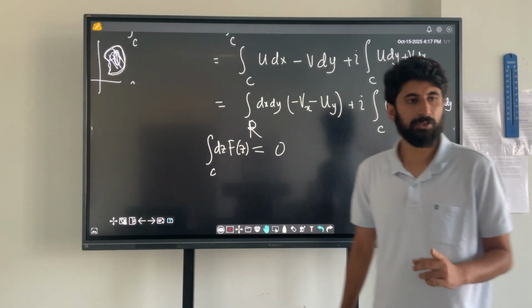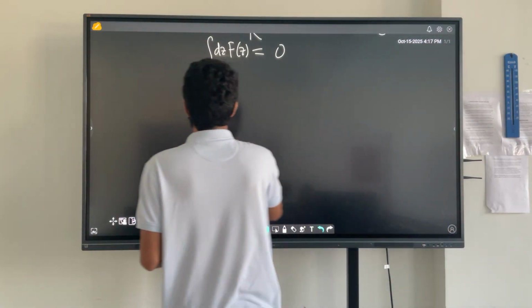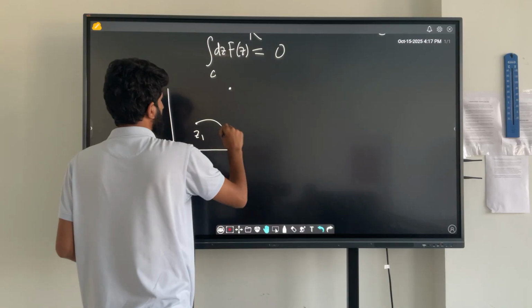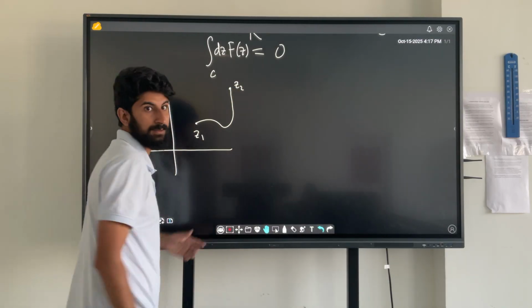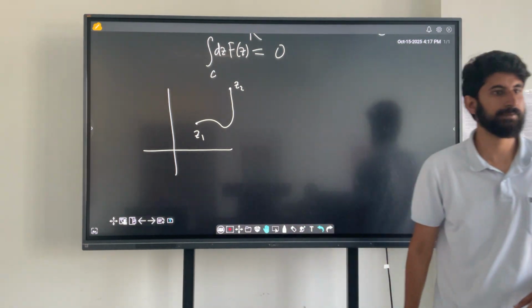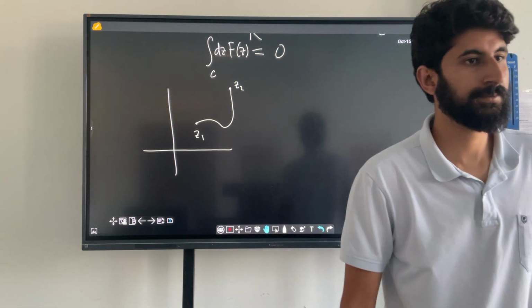So coming back, my integral from z1 to z2 is basically path independent. It doesn't matter what path I take.